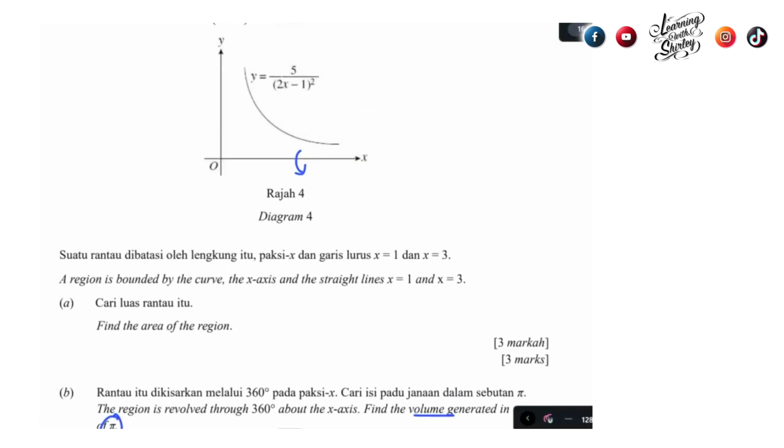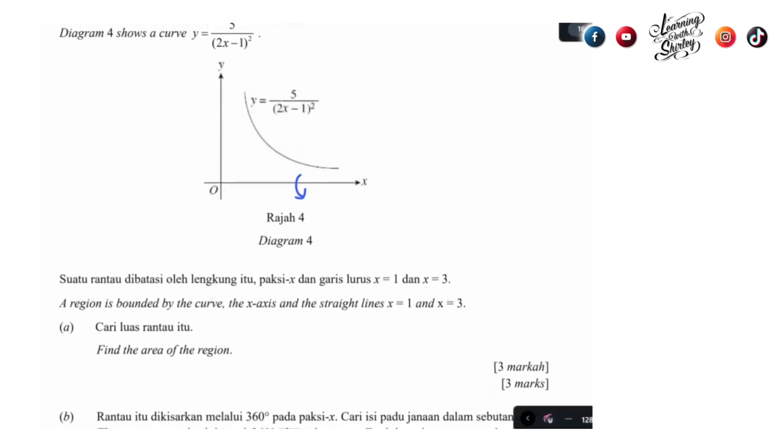So in order to find the volume, let's look at the graph. We have to use the formula, which is V equals pi integral y squared dx. We can bring out the pi and just leave it outside first.